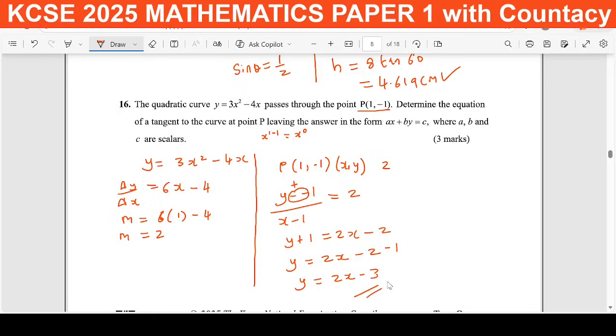And actually, that's the required equation, and I believe that we've really been able to get that. But now you have to go back to the question, which is quite important. You are told to leave the answer in the form ax plus by is equal to c. So you are supposed to leave it in this way.